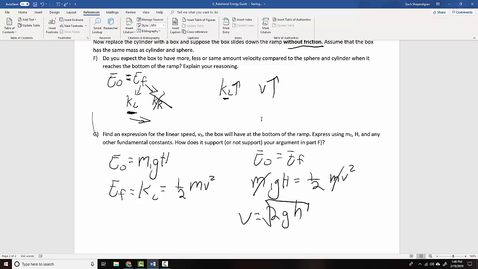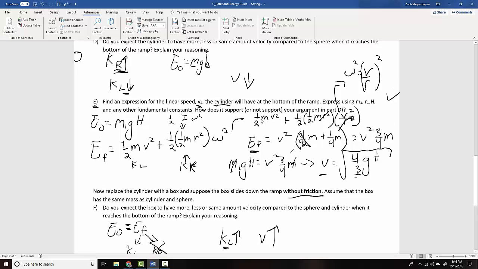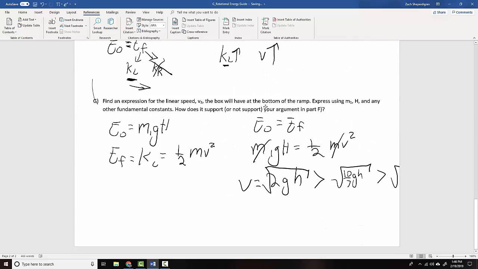And this is definitely greater than the square root of 10 over 7 gh, and also greater than the square root of 4/3 gh.